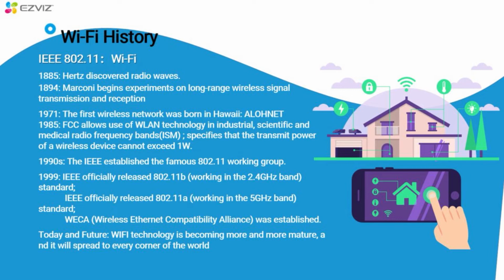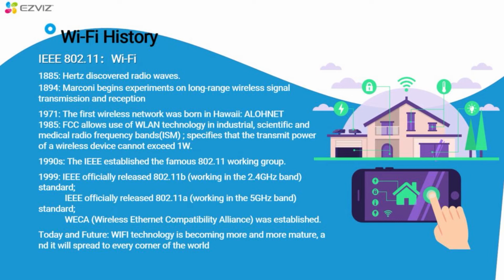And in the 1990s, the IEEE established the famous 802.11 working group. In 1999, the IEEE officially released 802.11b, which is the 2.4 GHz band standard. At the same time, it also released the 802.11a standard, which is the 5 GHz band.